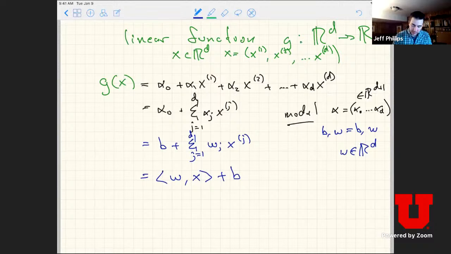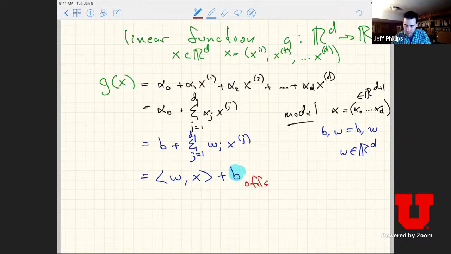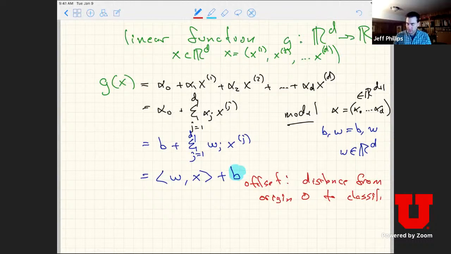So this b is going to be the offset, like the constant term we had in regression. Now this is going to be the distance from the origin, the all zeros vector, to the classifier.